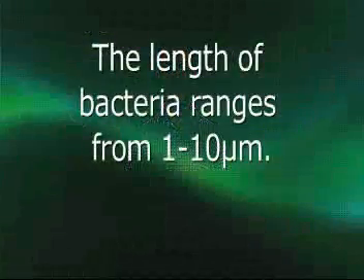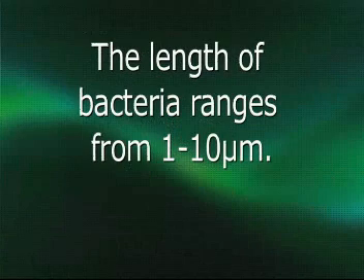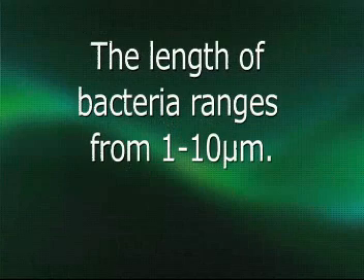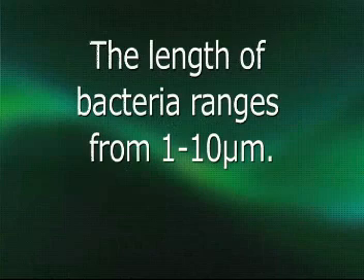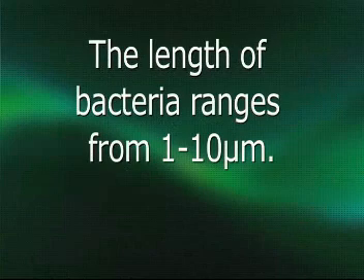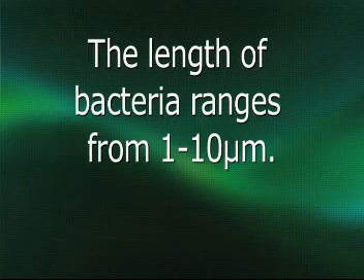Although bacteria are microscopic, they still vary in size. They are much smaller than eukaryotic cells, and they range in length from 1 to 10 micrometers. Eukaryotic cells are between 10 to 100 micrometers.